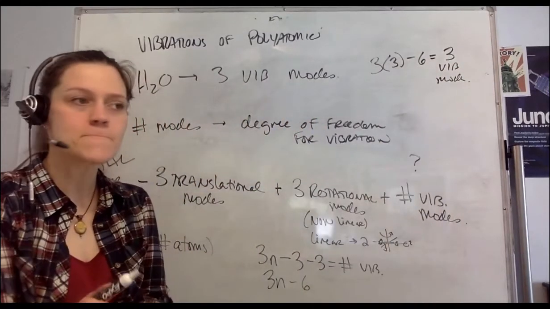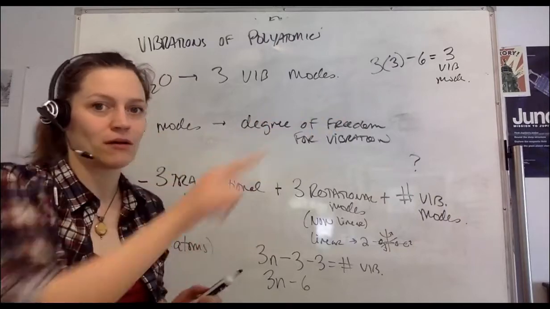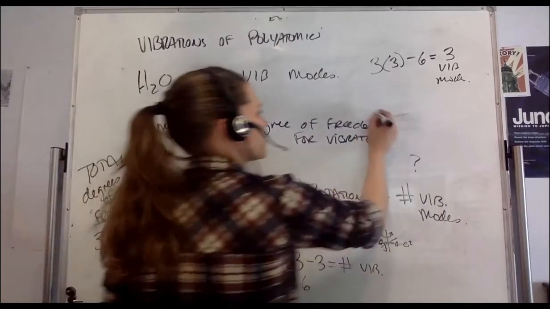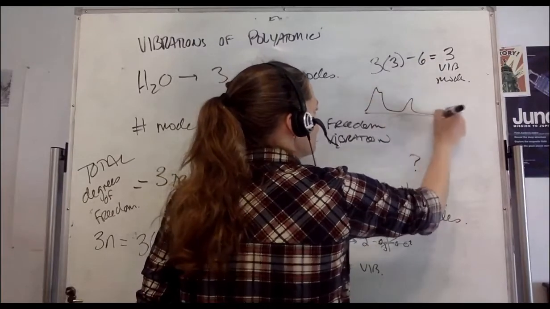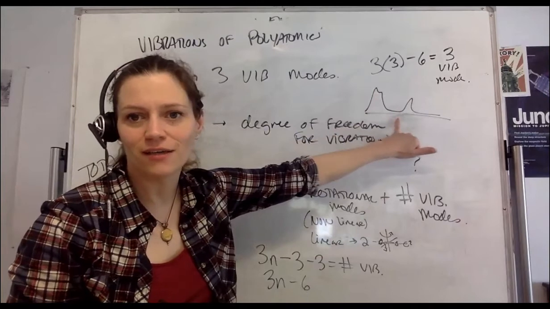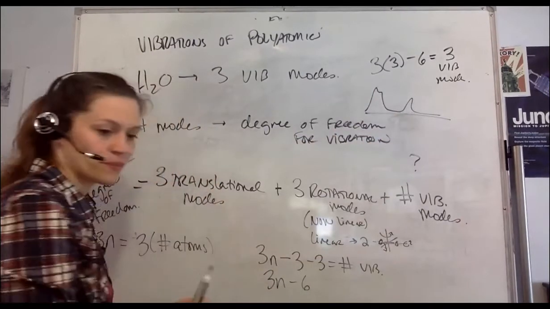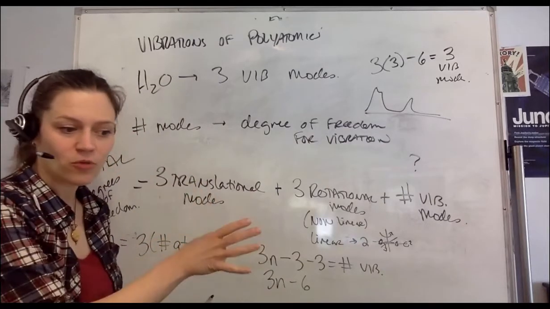And looking at the spectra, 3 peaks show up. So you have something that looks like this. You've got the 2 OH stretching and then the scissoring or the bending. Go team. Number of vibrational modes.